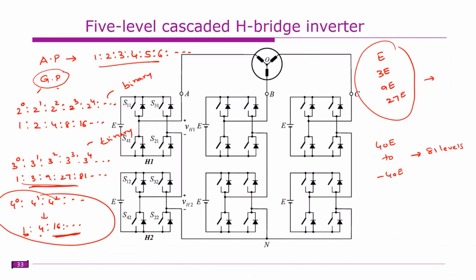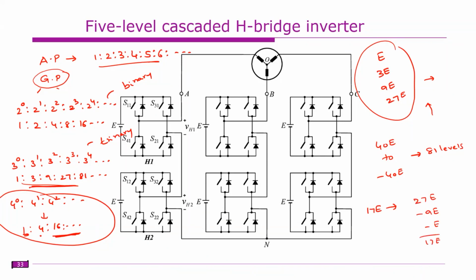For example, you have some level, for example, maybe 16 or 17E level. So how to get the 17E level? With this combination: minus 27, minus 9, minus E... 27 minus 9E, minus E. Yeah, that is 17E.